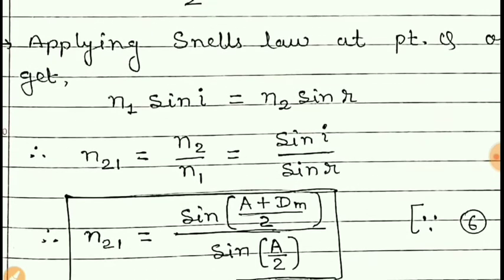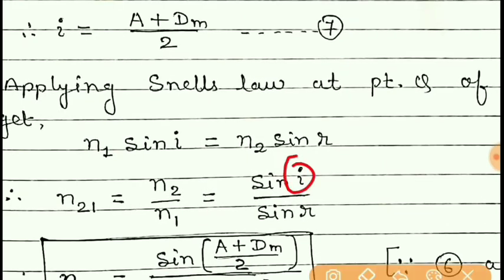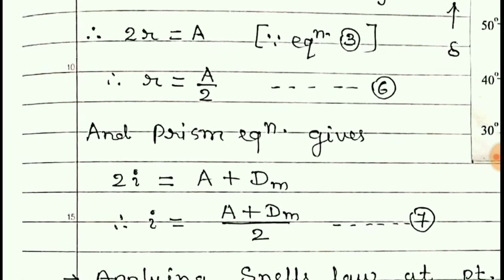Finally, what is I? I is this. And what is R? R is A by 2.